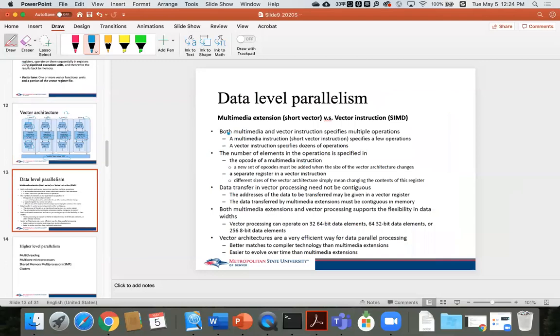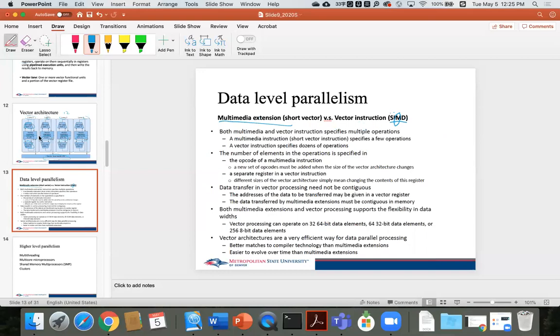When we compare the multimedia extension with the vector architecture, the vector architecture is sometimes called single instruction, multiple data, because each single instruction executes on multiple data. So it's easy to understand what single instruction, multiple data is.